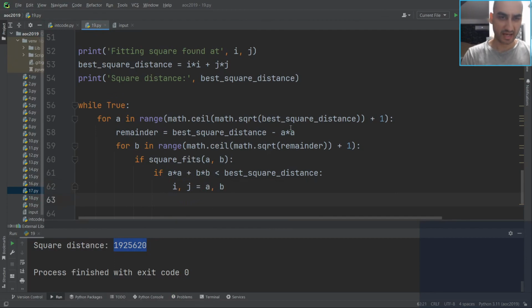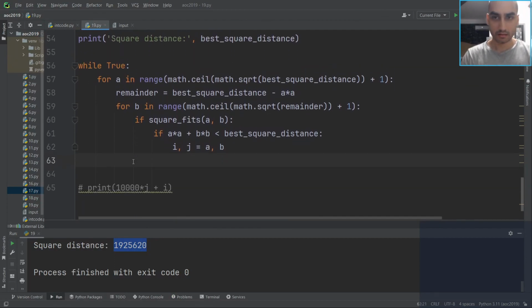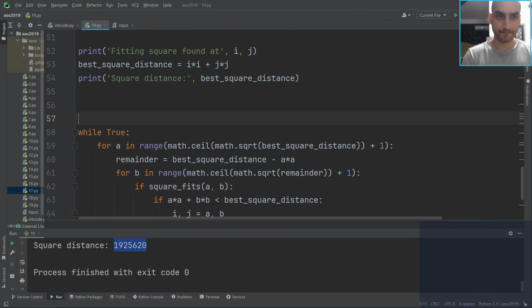And then we have to do this hacky thing. We could make this a method and say define get better fit i, j.